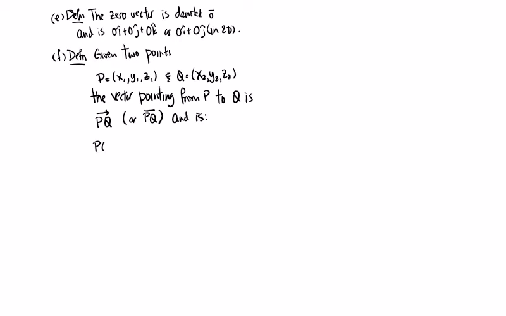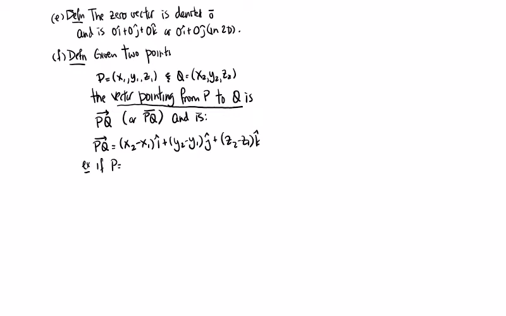And all you do, very easy, is you take the one you're going to, so from P to Q, and you subtract. So x2 minus x1 i, y2 minus y1 j, z2 minus z1 k. It's pretty easy to see why you subtract these, so let me show you an example.